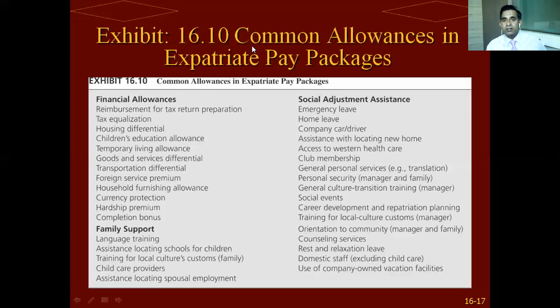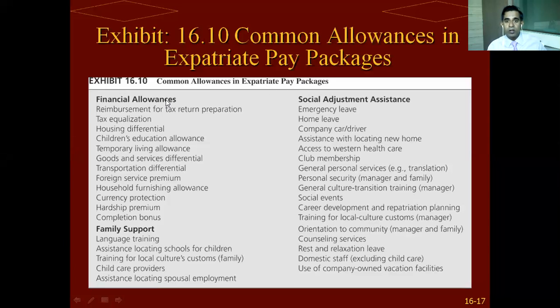So then the last part. This exhibit reveals some of the common allowances in expatriate pay packages. When my brother is working in India, the cost of living here is different. When he goes to Abu Dhabi or Scotland, the cost of living there is different, right? So you cannot pay the same amount in those countries. Some common allowances and benefits are provided to such expatriate employees and included in their pay packages.